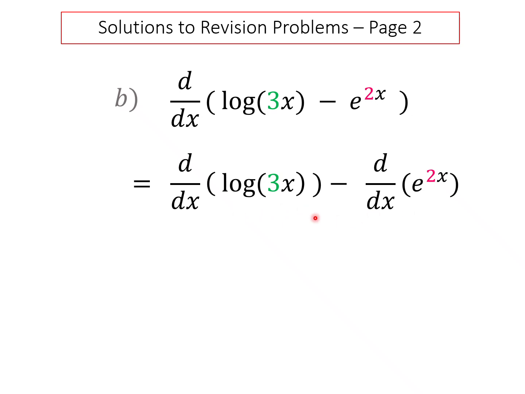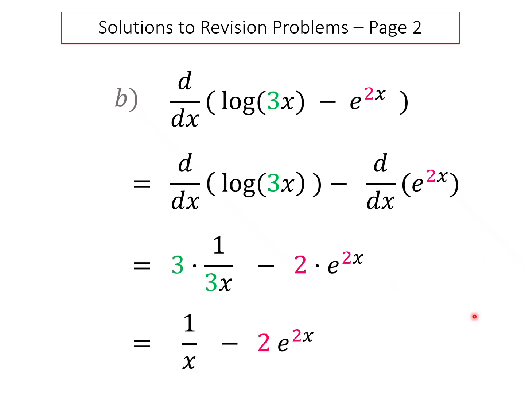So here d/dx of log 3x plus d/dx of e to the power 2x. d/dx of log 3x is 3 times 1 by 3x, and d/dx of e to the power 2x is 2 times e to the power 2x. So here 3 cancels out. So the final answer is 1 by x plus 2 e to the power 2x.